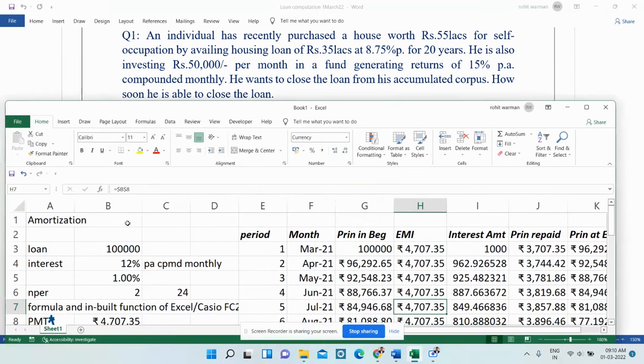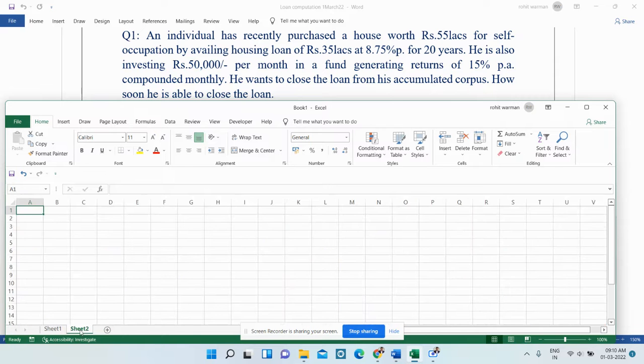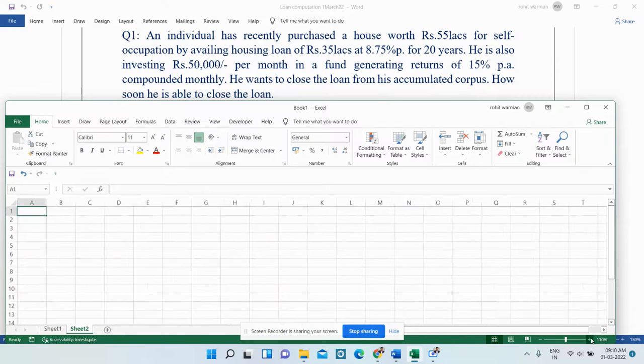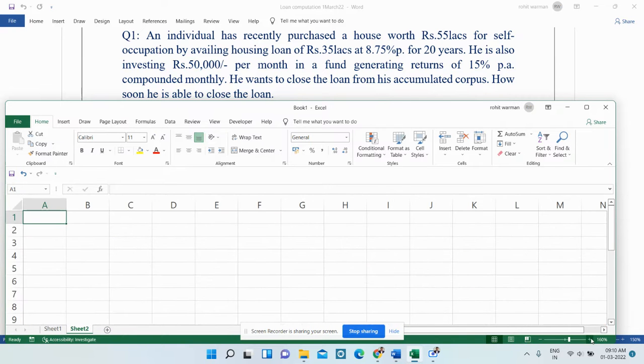Okay, so I'll take the first question of today, in a new sheet. We will see this both on Excel as well as the calculator.